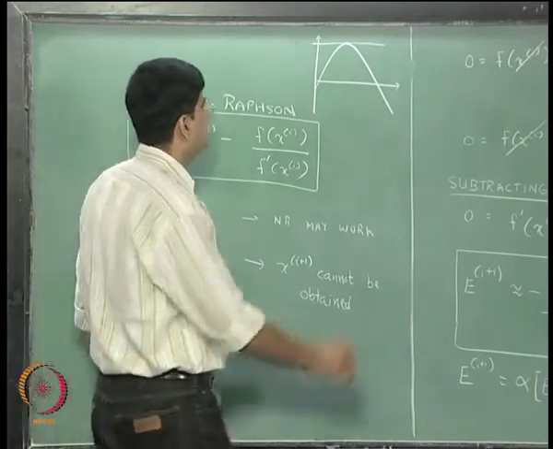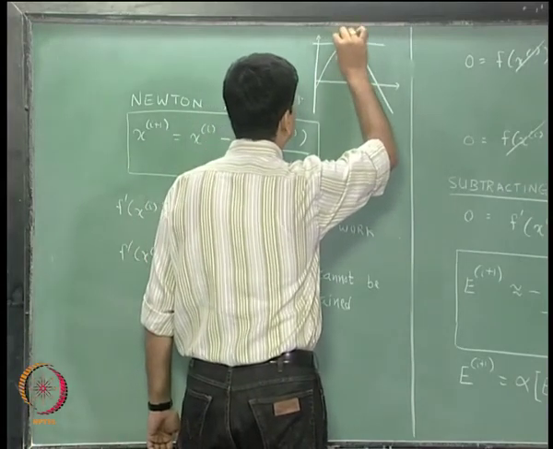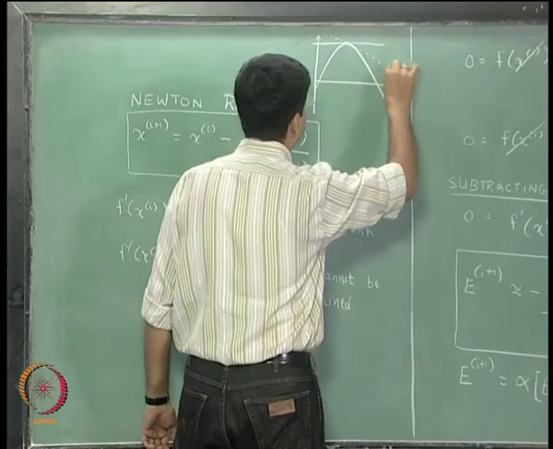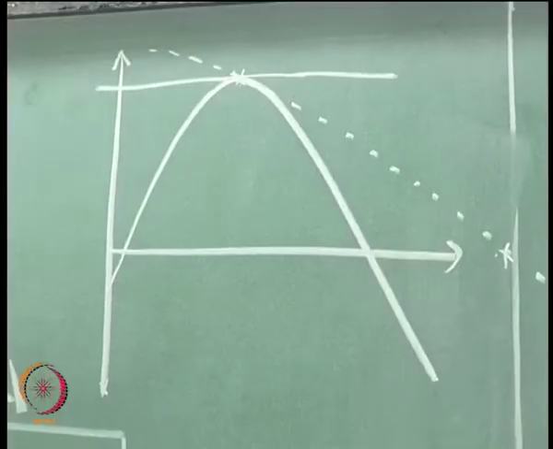Well, what we can do is, at this particular point, artificially give a small slope to the Newton-Raphson's method, so that there is some point at which the line intersects.